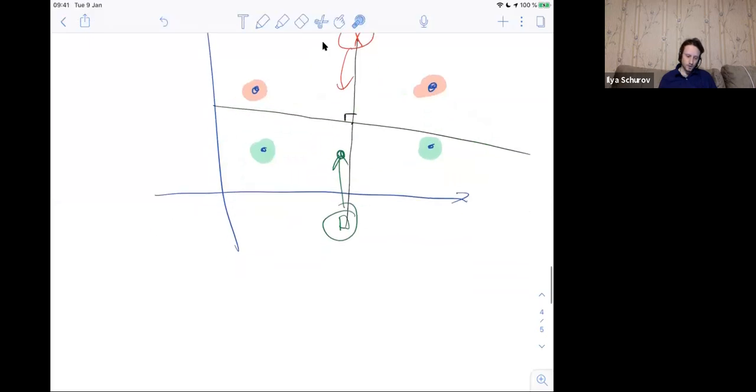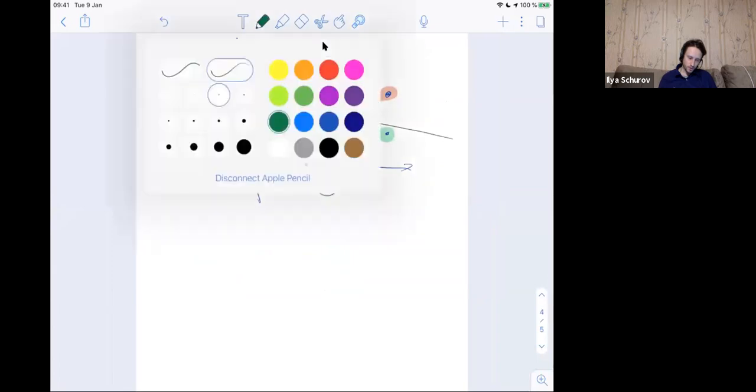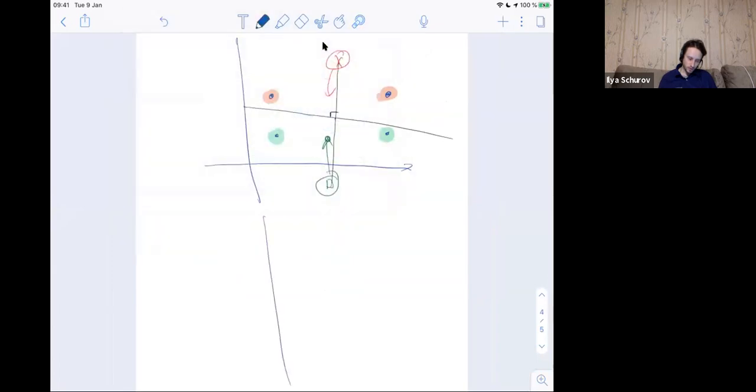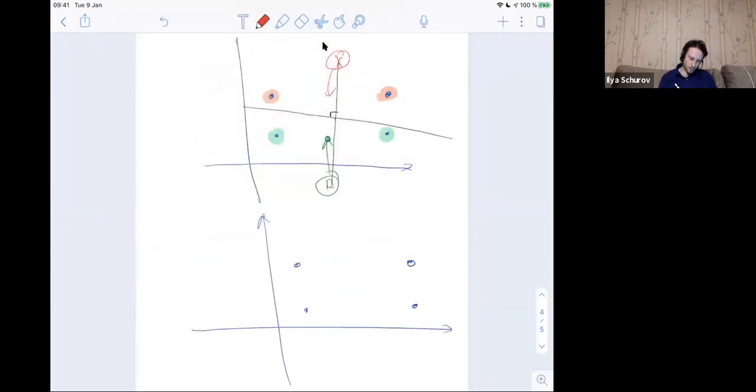But let me assume that I have a bit different initial conditions. The data is the same, but for example, we have this clustering.